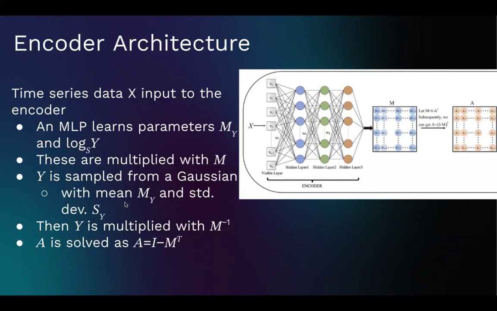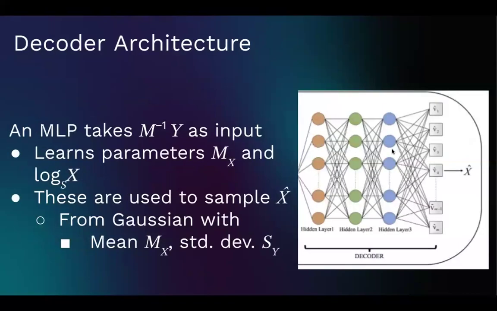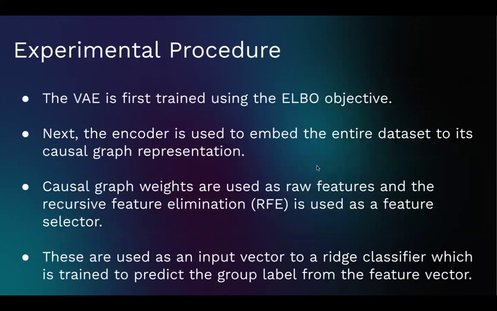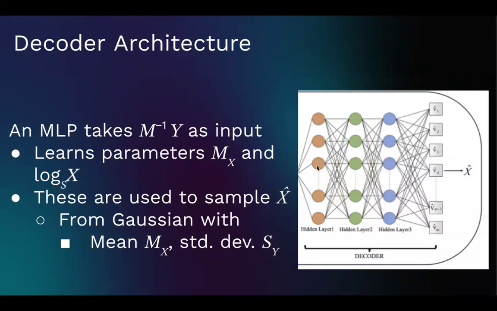Then they estimate the adjacency matrix A from this matrix M. Using this matrix A, the decoder just tries to reconstruct the fMRI time series subject to that ELBO lower bound. So they just minorize M in order to create the adjacency matrix.